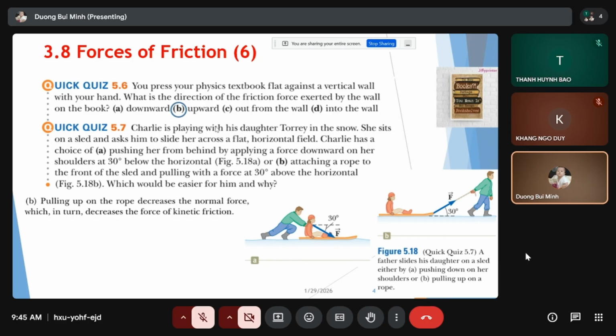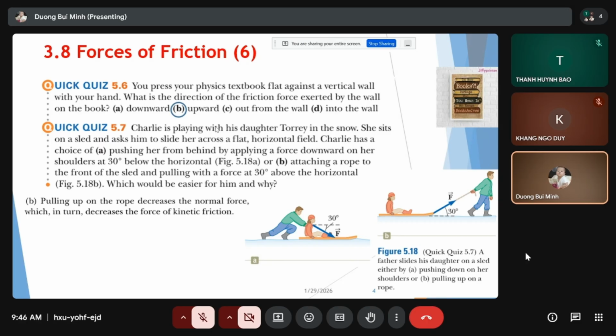When we compare the x-axis components and y-axis components, we can see this one is better because the normal force is lower. Now we have the conclusion.